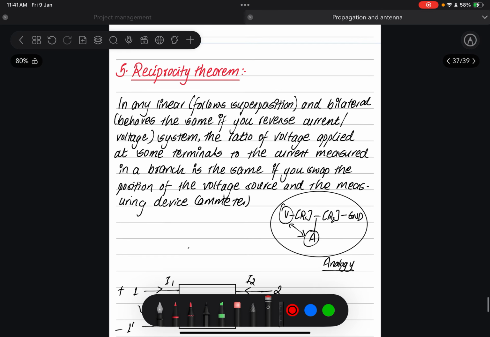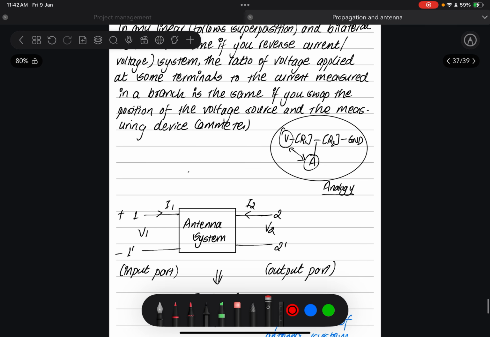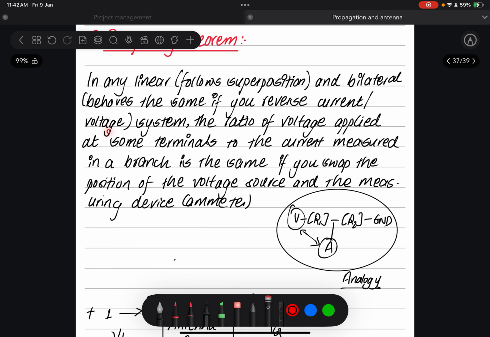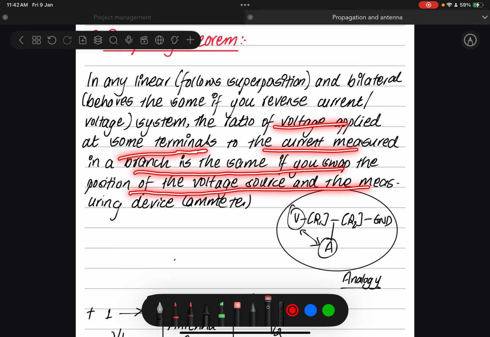So here is the reciprocity theorem. I have written it in a very summarized way. We can understand it just by reading the definition. In any linear system, linear meaning it follows superposition, and bilateral, meaning it behaves the same if you reverse current and voltage, the ratio of the voltage applied at the same terminals to the current measured in a branch is the same if you swap the position of the voltage source and the measuring device.